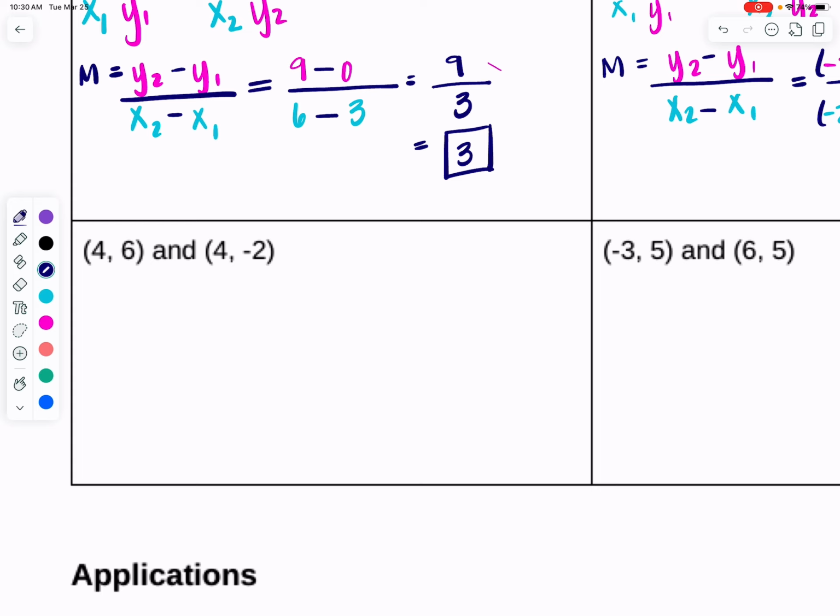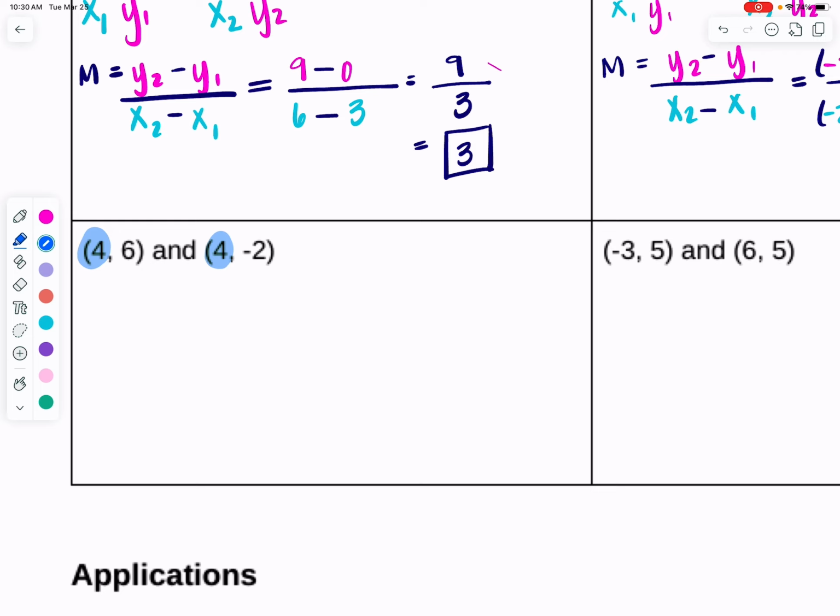Now, right off the bat, I notice something about the 4, 6 and the 4, -2. I notice that my x values match.